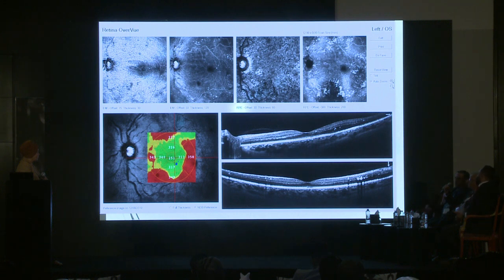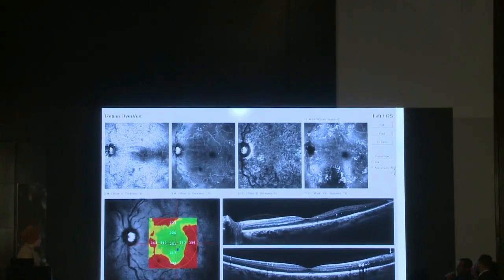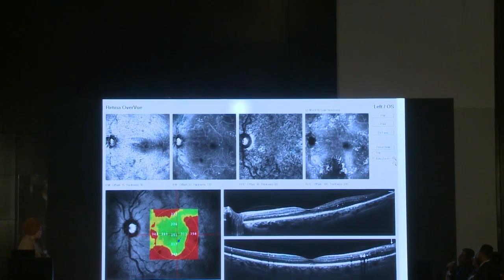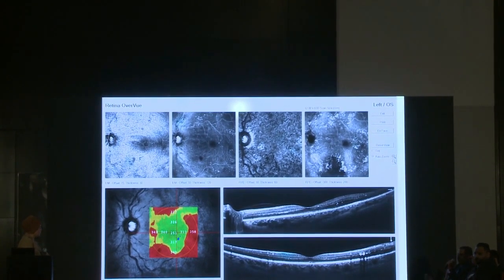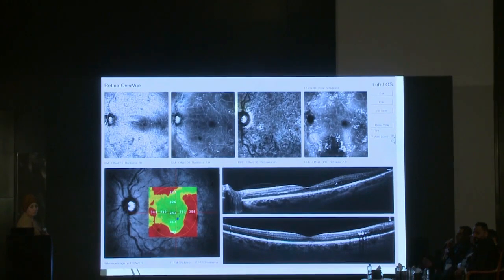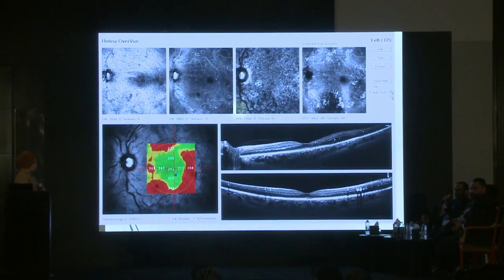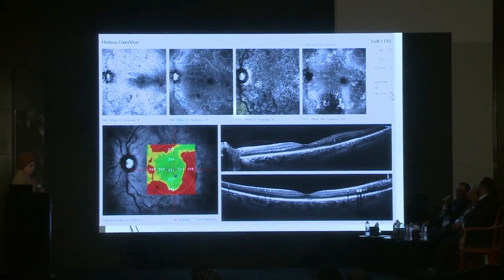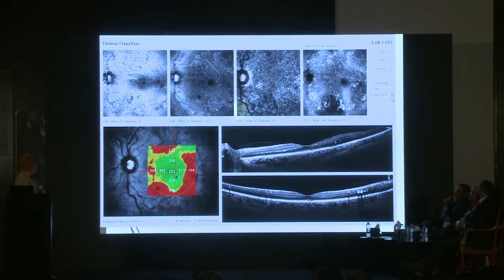Of course, if we want to intervene in this case, like Dr. Hassan said, according to ETDRS, this is a clinically significant macular edema. So the patient may later on complain of center involving macular edema. So I give the patient the option that this case can be treated by focal laser treatment.